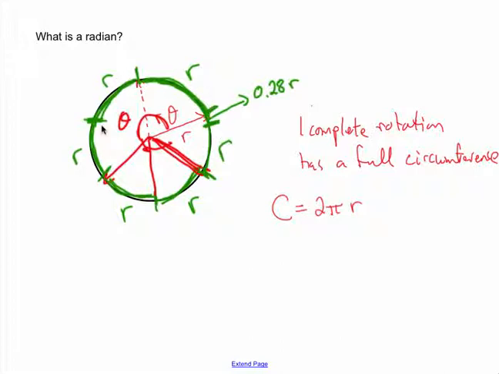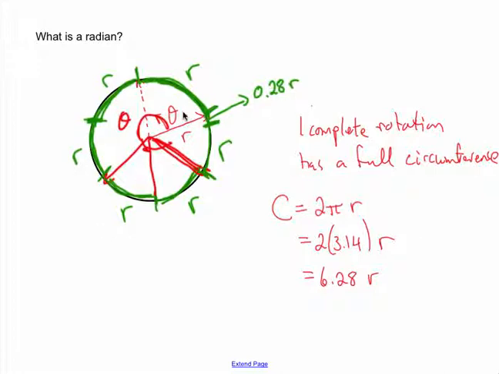So 1 full rotation, or 360 degrees in degree language, would sweep out 1, 2, 3, 4, 5, 6, and a little bit. Well, what's 2 times pi? 2 times about 3.14 times the radius, or 6.28 radii.